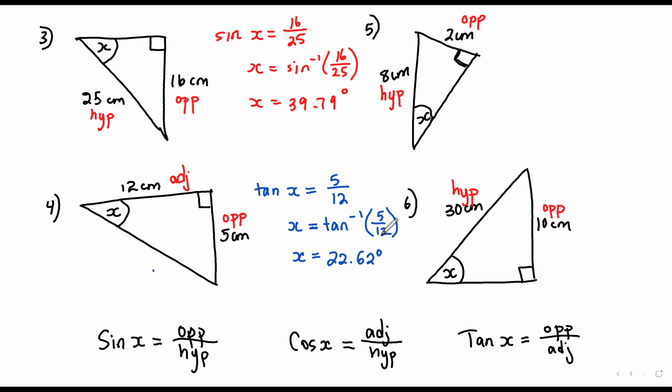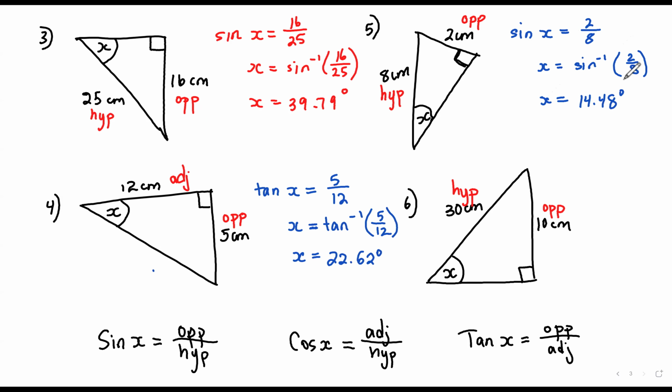All right. Number 5, we have the opposite and the hypotenuse. So that again is sine. So that would be sine of x is equal to the opposite, which is 2, over the hypotenuse, which is 8. So therefore, x will be equal to the sine inverse of 2 over 8, which gives me 14.48 degrees.